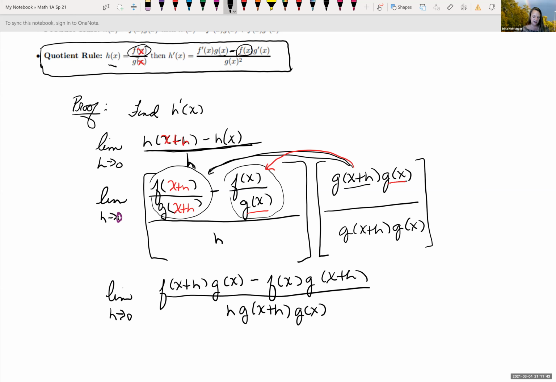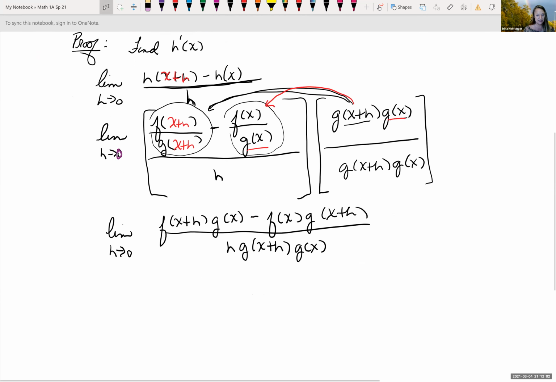Again, if we plug in 0 wherever we see h, we're going to get 0 over 0, and it doesn't tell us anything. So this is where we have to manipulate it. And the trick in this case was just the same one we used for the product rule: we're going to add a fancy one. Not one, 0. We usually do the 1.